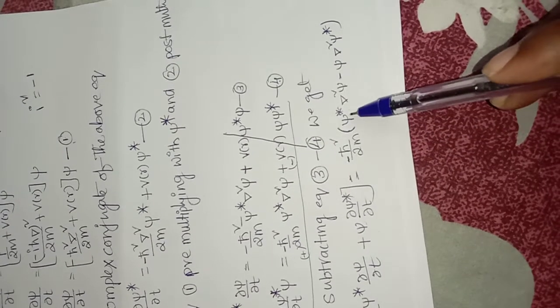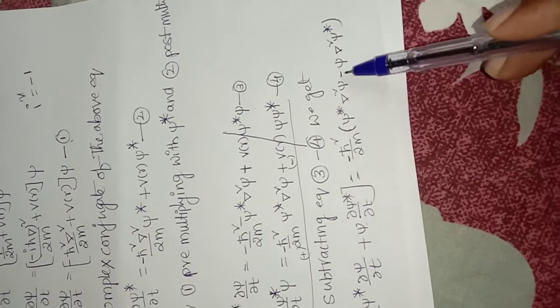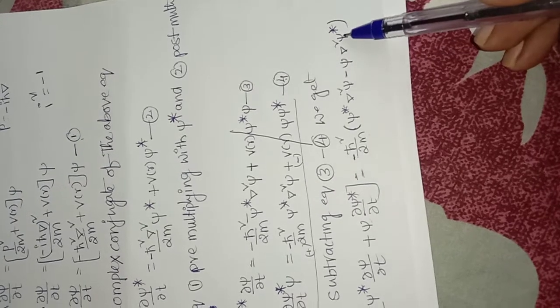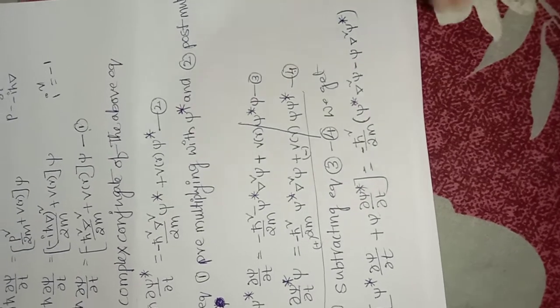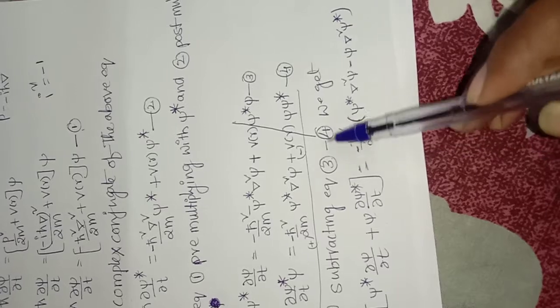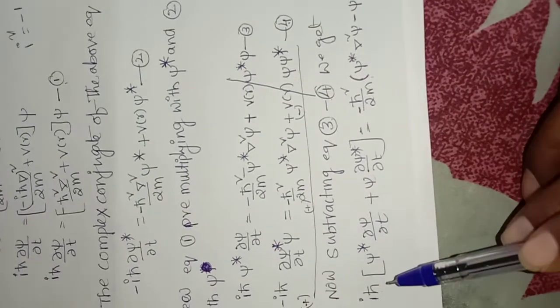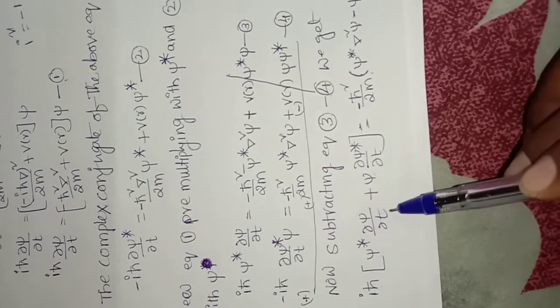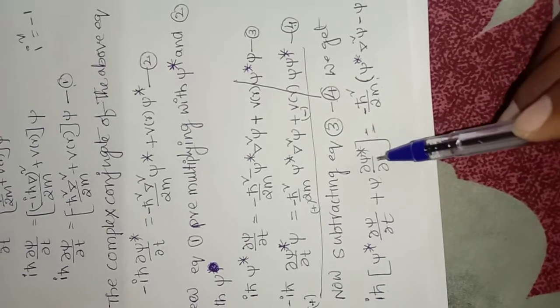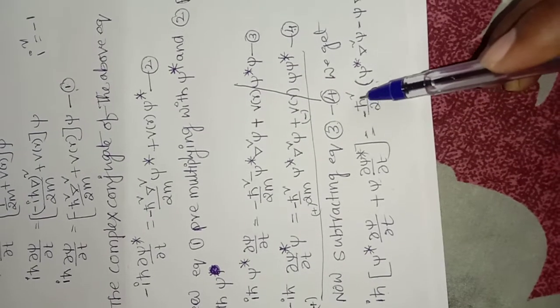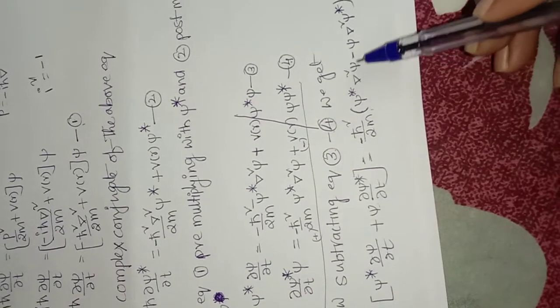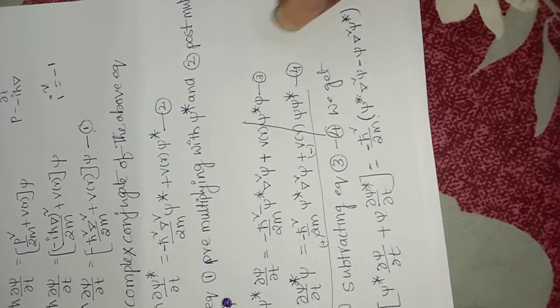The remaining terms are psi star del square psi minus psi del square psi star. This is the subtraction of 3 minus 4. We get i h cross, psi star dou psi by dou t plus psi dou psi star by dou t, equals minus h cross square by 2m, psi star del square psi minus psi del square psi star.